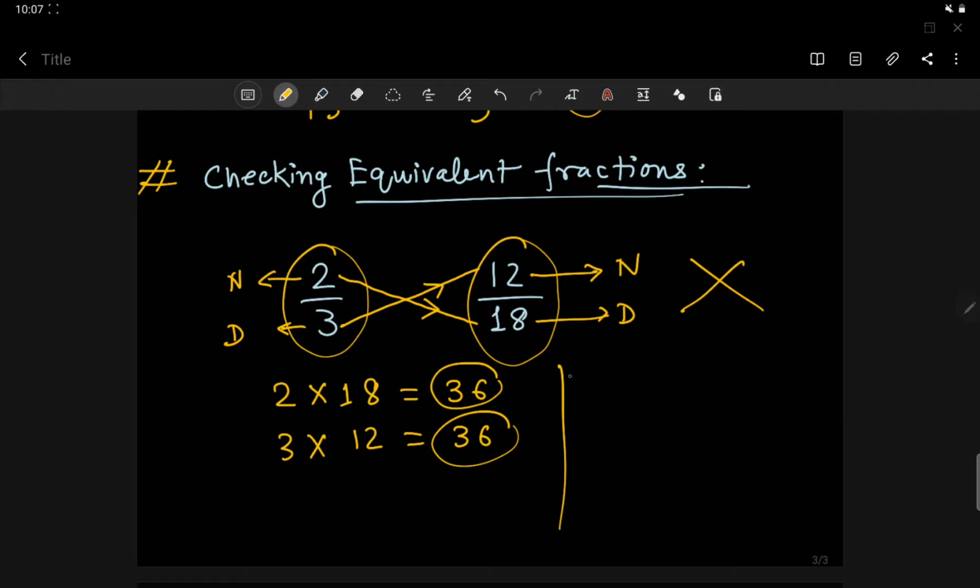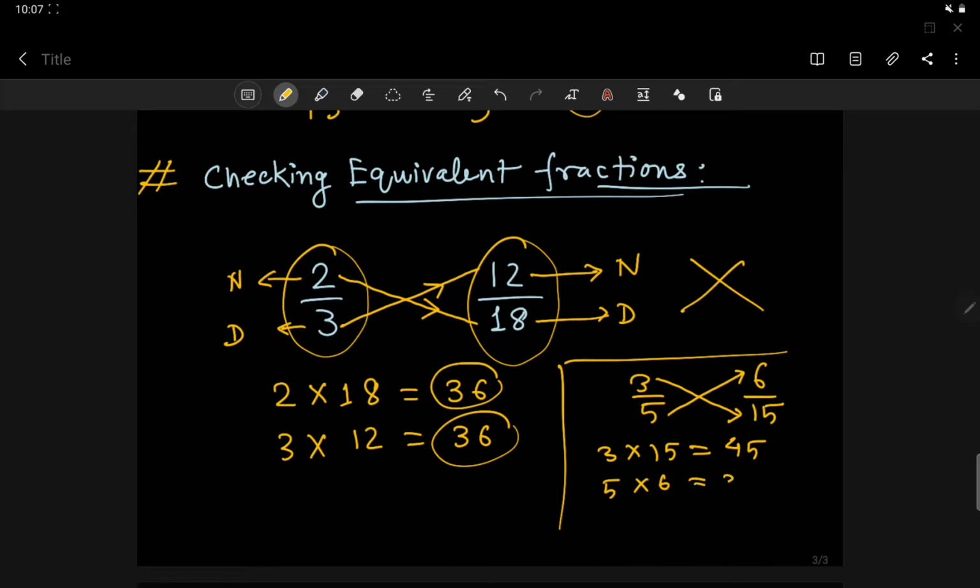If I take another example, suppose 3 by 5 and 6 by 15. 3 will be multiplied by 15 and 5 will be multiplied by 6. So 3 15s are 45, 5 6s are 30.